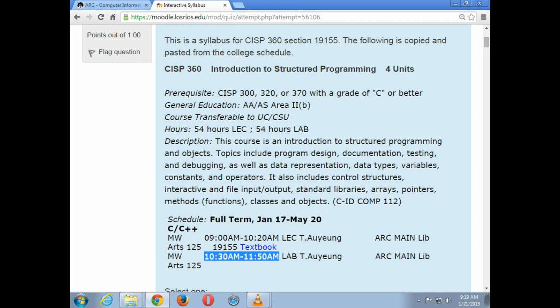So I'm counting on you guys to be available for the second half of this class during the lab time. In other words, I'll be teaching important stuff during that time, and you really should be here during that time, or at least until the important stuff is over. Are there any questions about the scheduling of this class?